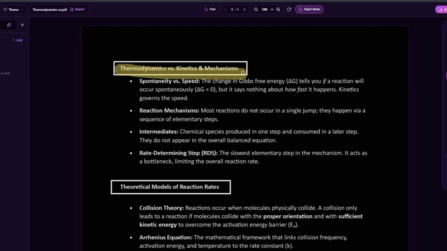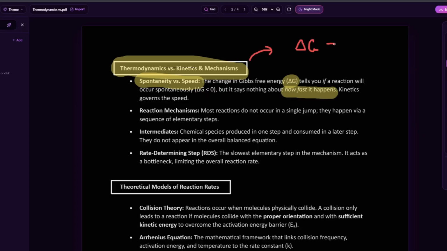So first is thermodynamics and kinetic mechanisms. Spontaneity versus speed. The change in Gibbs free energy, delta G, tells you if a reaction will occur spontaneously, when delta G is less than 0, but it says nothing about how fast it happens. If delta G is more than 0, it's non-spontaneous, and if it's equal to 0, it's equilibrium.